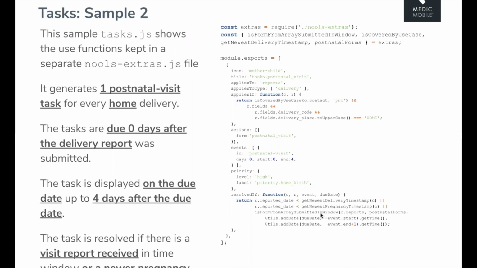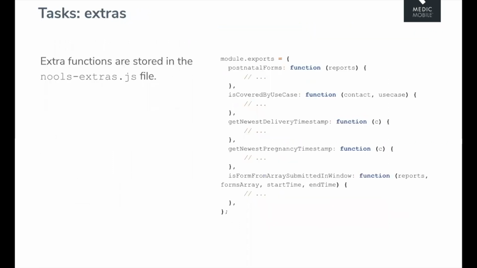This helps keep your code modularized, and it also helps in maintenance and in things like testing. So it's a good practice, and it's something that we usually do when building CHT applications. And so I'll just show you what the nulls extras file looks like.